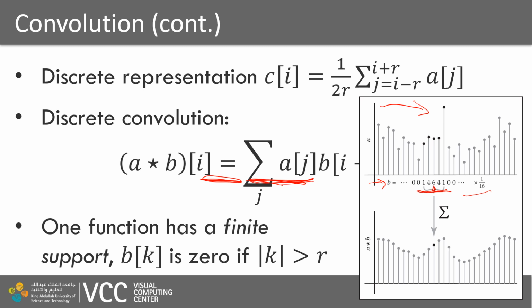So here we will have, for example, the 1A here will be multiplied by 6 divided by 16, and then summed up with the rest. So this is a convolution with a specific filter.